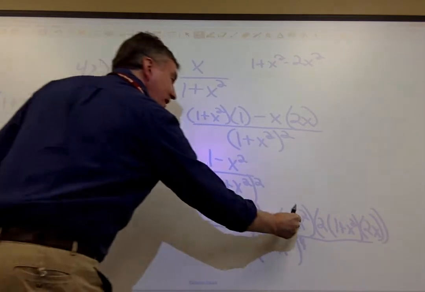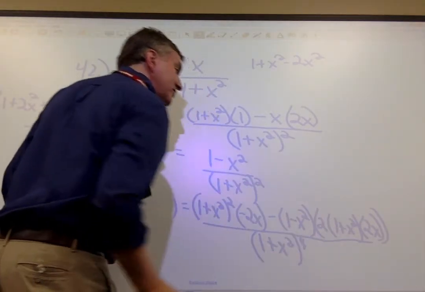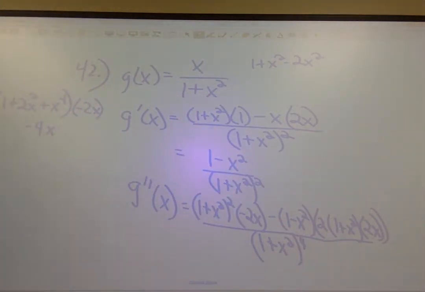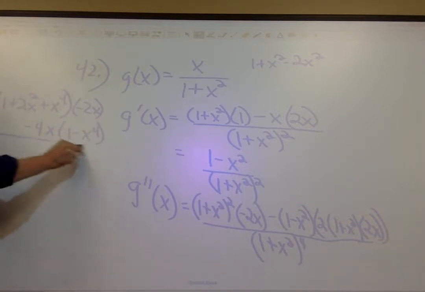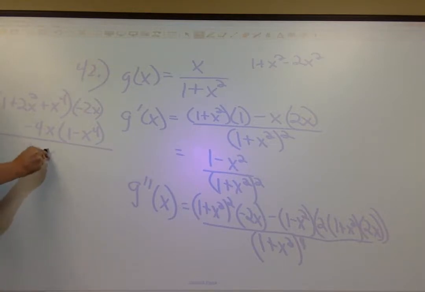I see 1 minus x squared times 1 plus x squared is actually 1 minus x to the 4th, all over 1 plus x squared to the 4th. Okay?